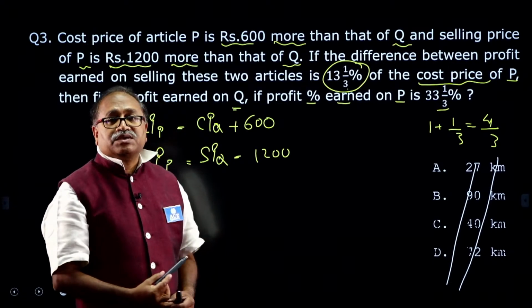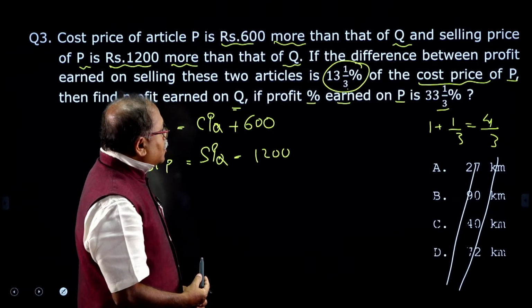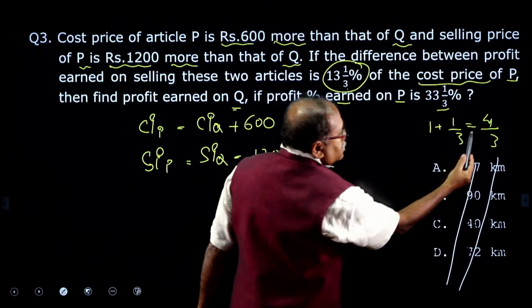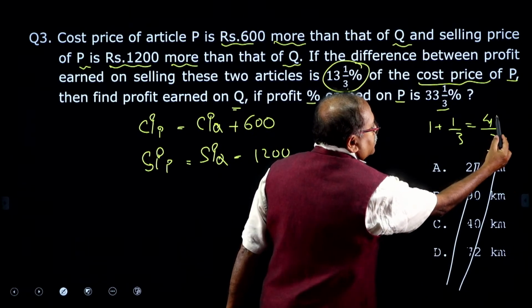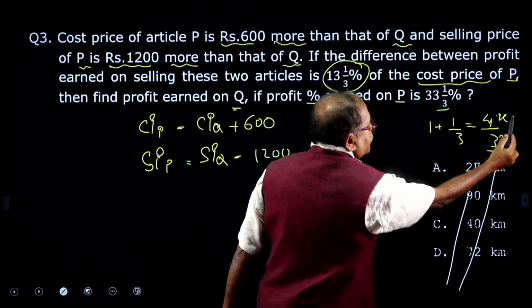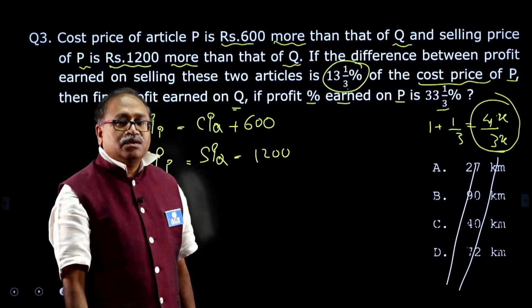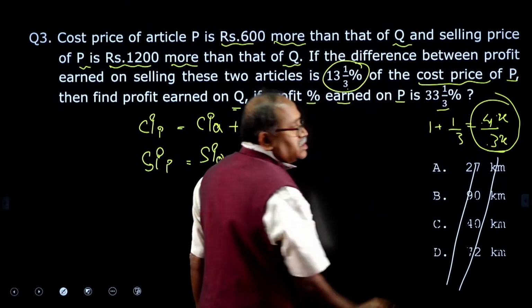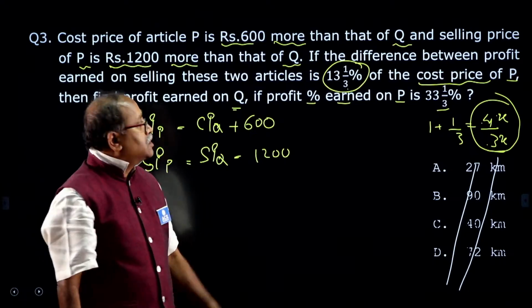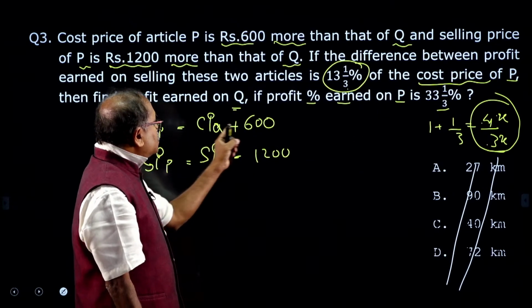Okay. Now, can I consider this as selling price, cost price? If the cost price is 3x, the selling price will be 4x. From here, your question starts getting solved. This selling price is 4x, cost price is 3x of what? P. Now, apply that relation over here.